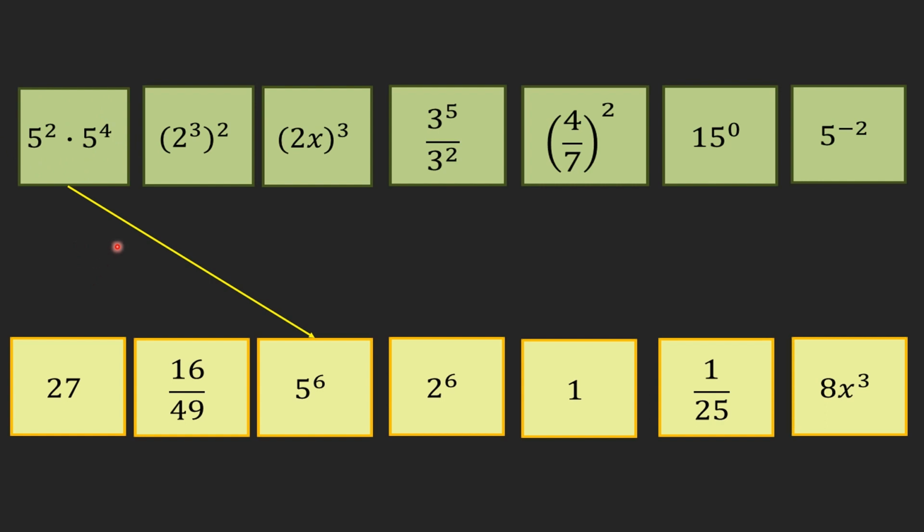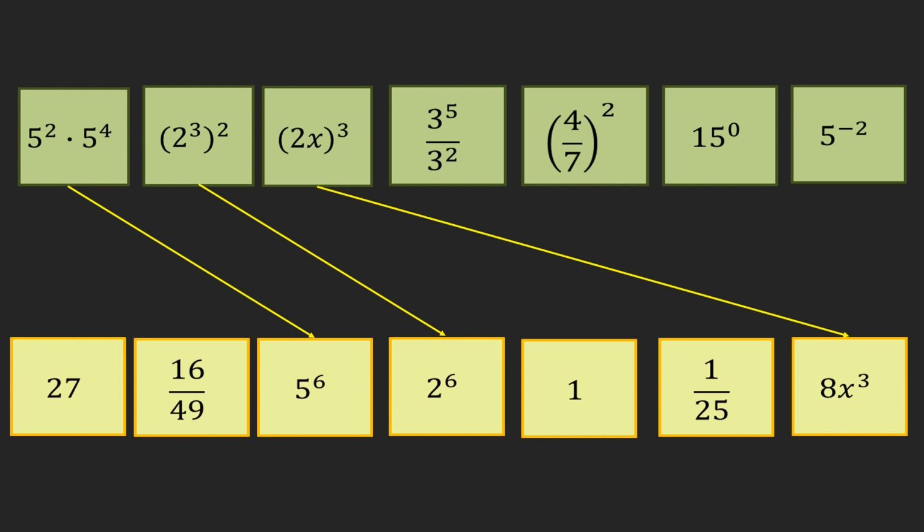That is correct. We have 2 raised to 3 raised to 2 is equal to 2 raised to 6. The third box. That is correct. We have 8x cubed. Distribute the exponent. How about the fourth box? That is also correct.